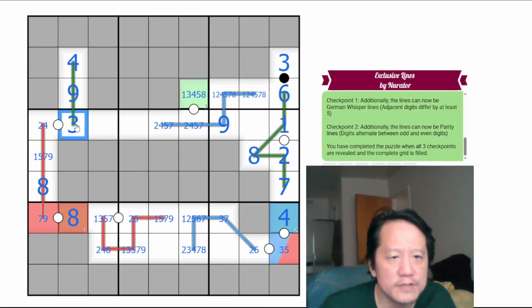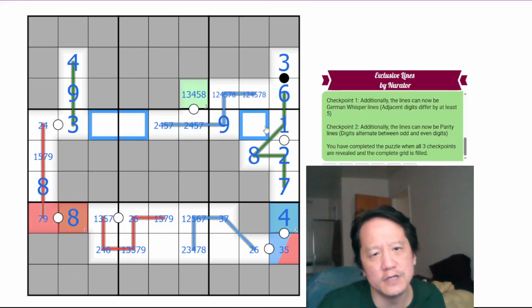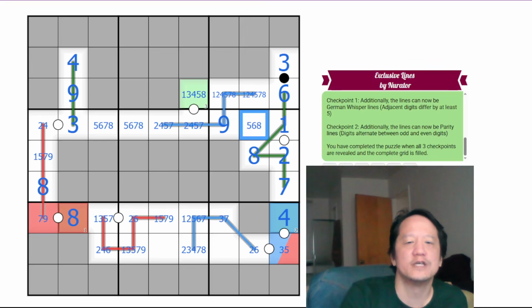This 3 sees all of these cells, and this is consecutive only with 8. Remaining digits in row 4 cannot have 1, 2, 3, 4, or 9, so it's 5, 6, 7, 8. Which means this can't be 7 or 8, it's 5 or 6 there.